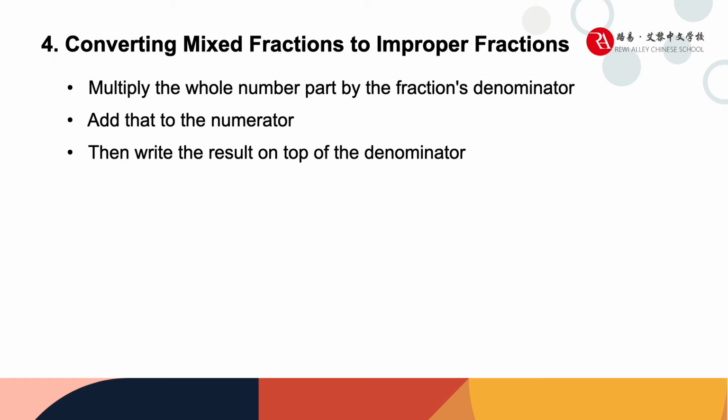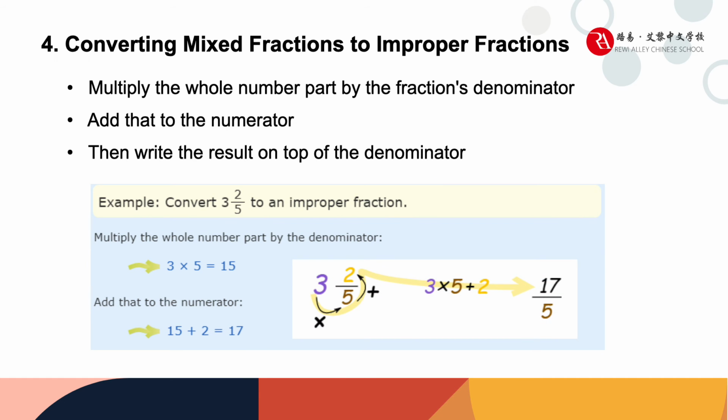Okay, let's look at one example. Convert 3 and 2 over 5 to an improper fraction. So we multiply the whole number part by the denominator. 3 times 5, we can get 15.